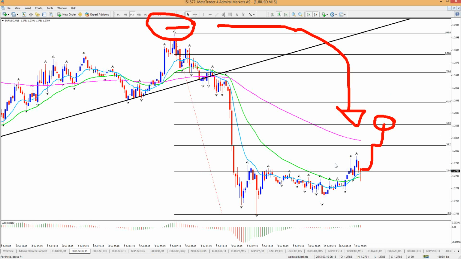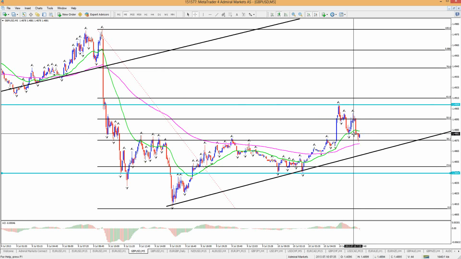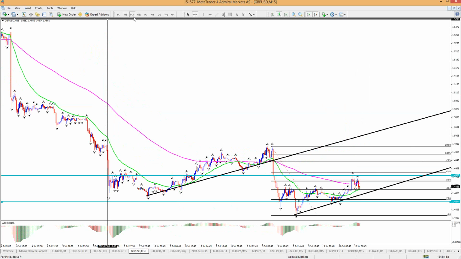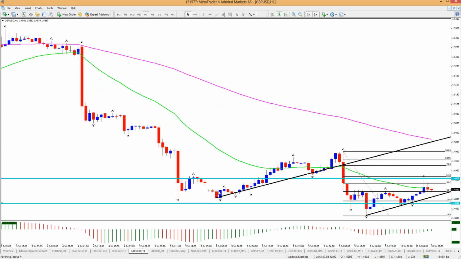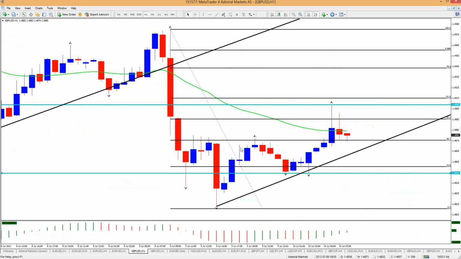All right, let's take a look at the pound. Yeah, definitely 2 bearish candles in a row at a resistance level.